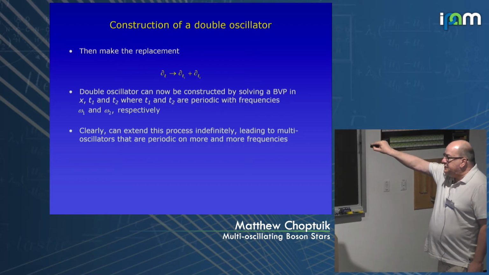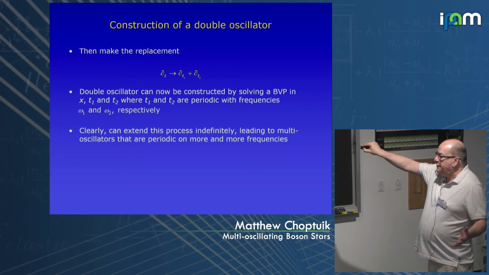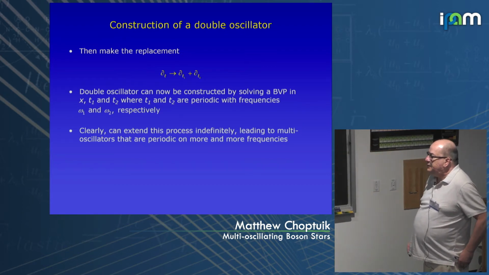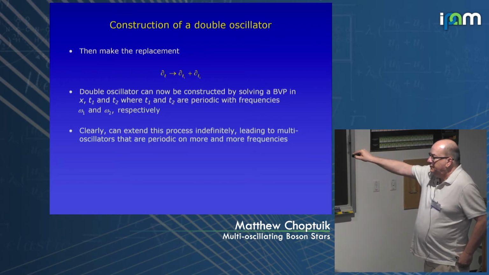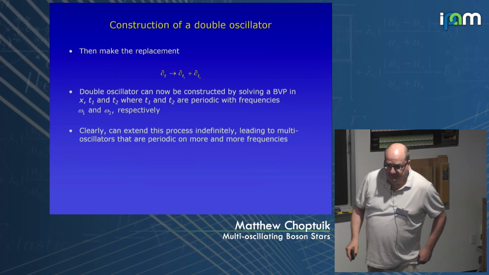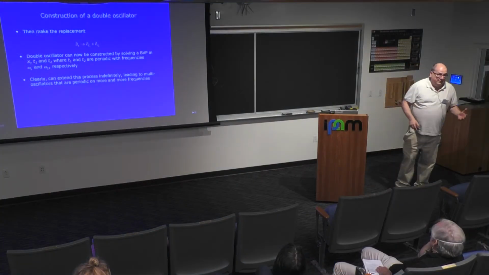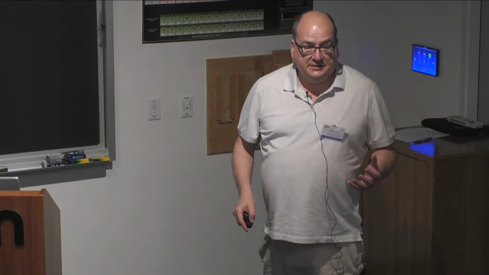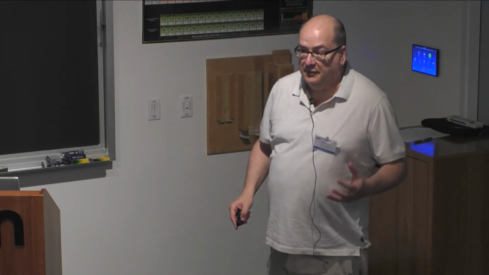And now we can construct this double oscillator in its full nonlinear glory by solving this boundary value problem in x, t1, and t2, where t1 and t2 are periodic with frequencies omega 1 and omega 2, which is what we do. But obviously, we can repeat this process for an arbitrary number of frequencies, and so we can get one of these boson stars, which essentially oscillates with an arbitrarily large number of incommensurate frequencies.